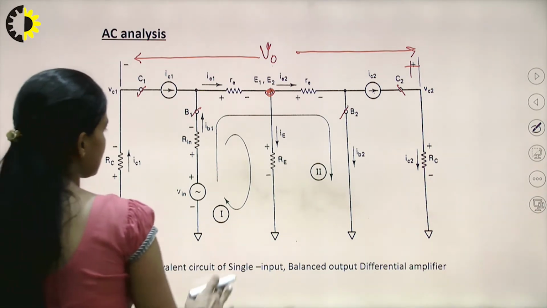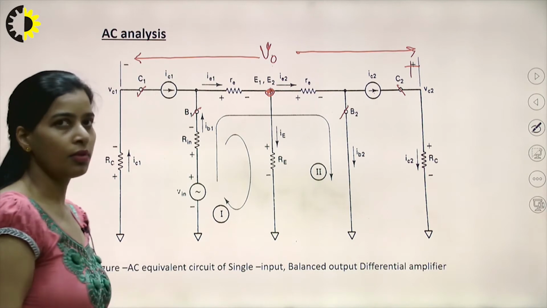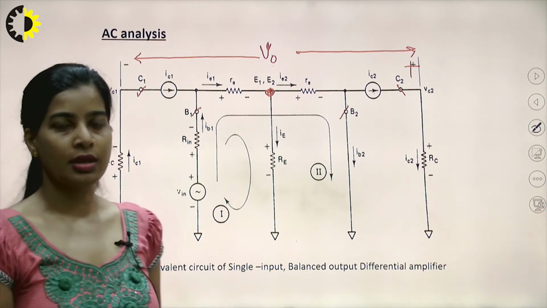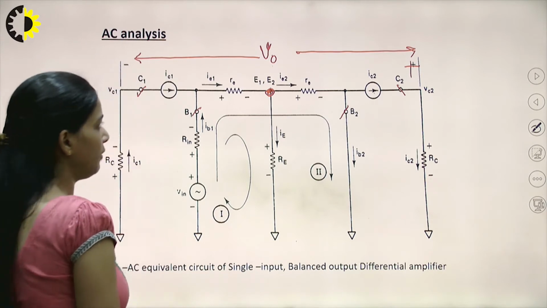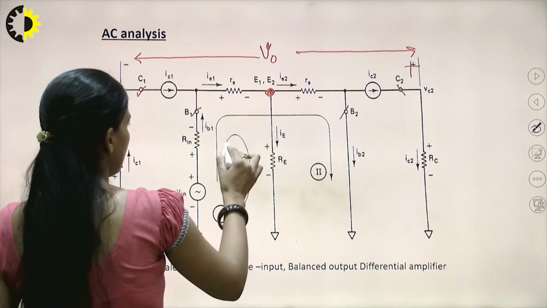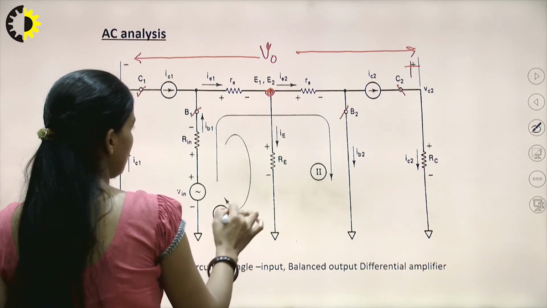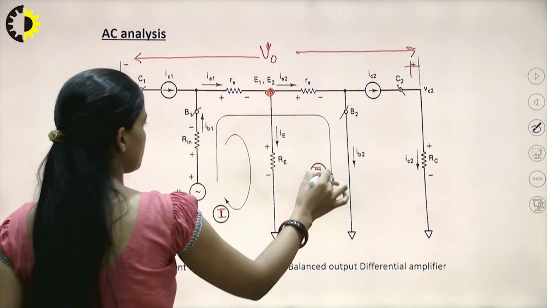So for the analysis of the AC response of the system, we will be writing KVL equations. Here two loops are indicated, loop 1 and loop 2.